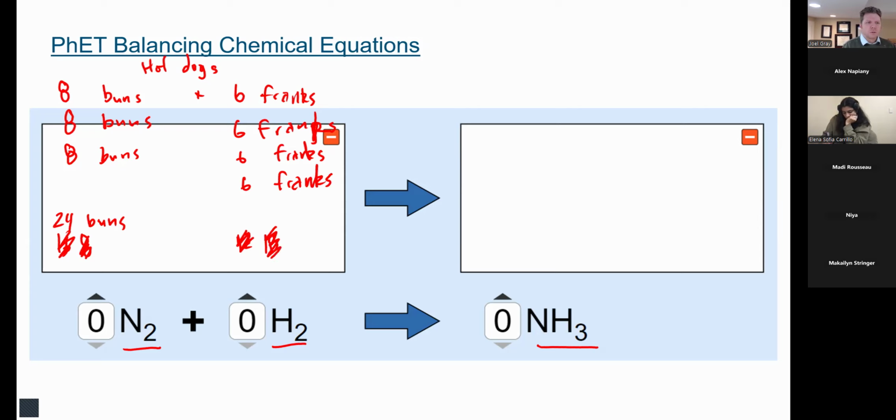And that gets me to 24 franks. So what I would need to do, the perfect ratio for this is 3 packs of hot dog buns and 4 packs of hot dog franks. And that will get you your optimal product of 24 hot dogs.